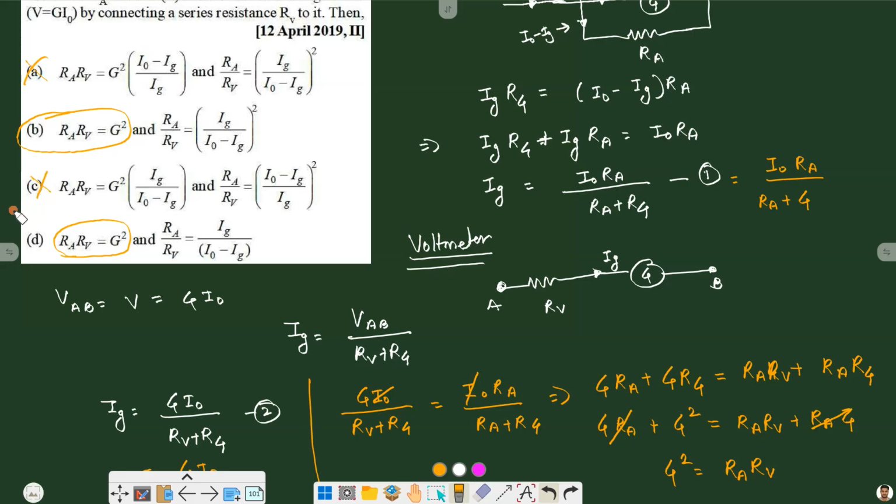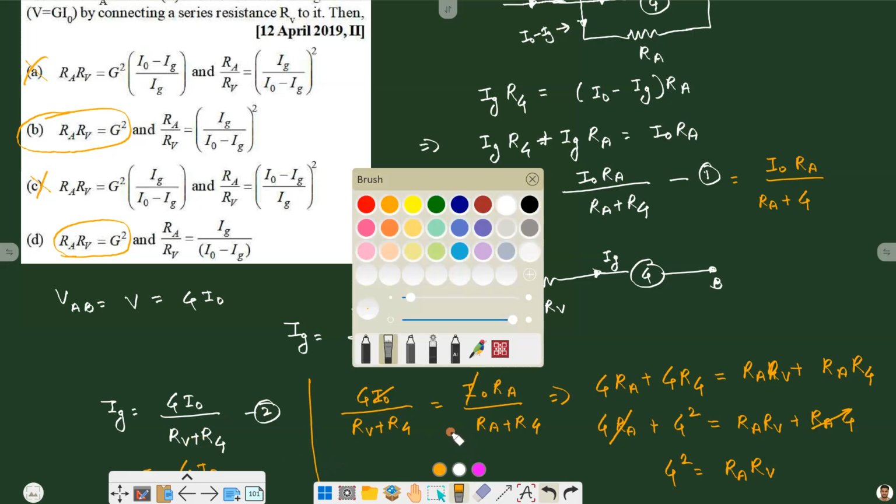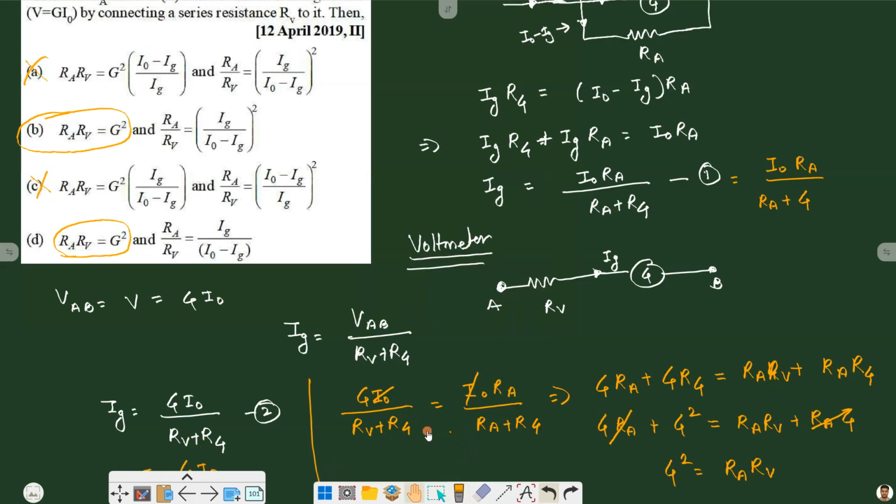Now let's move to the next part, that we have to find out the ratio of Ra and Rv. Now to find the ratio of Ra and Rv, we need to have their values. So the value of Ra can be extracted from this equation, and the value of Rv can be extracted from this equation. So let's write them separately, both of these equations, and then try to solve.